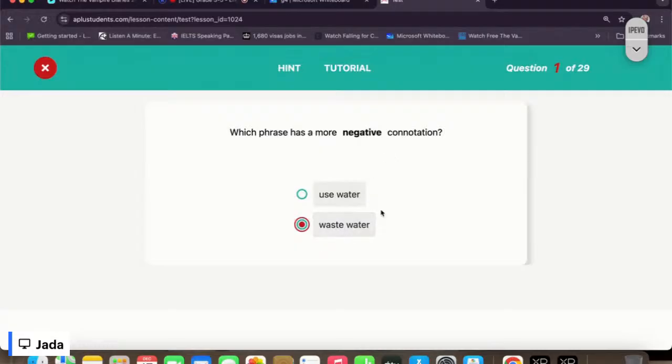All right, so wastewater is negative. Then which phrase has a more positive connotation? Feeling overjoyed or feeling glad? Which of them?